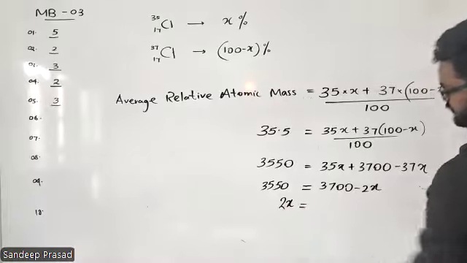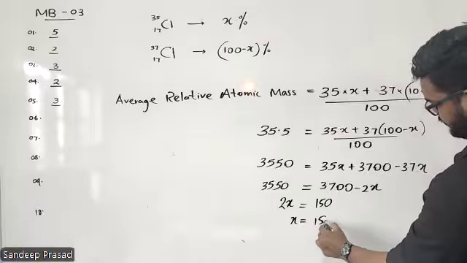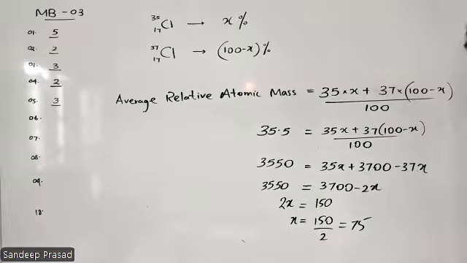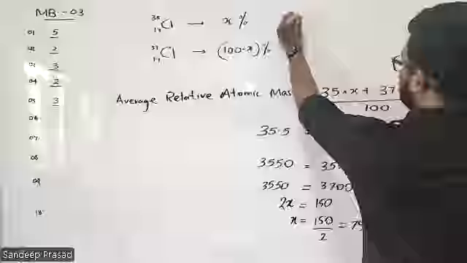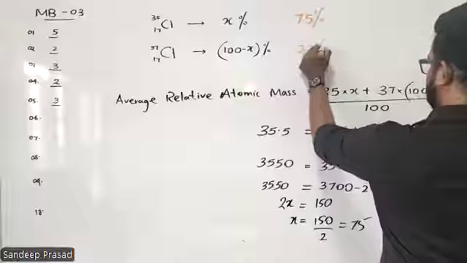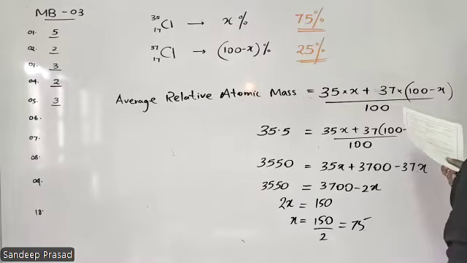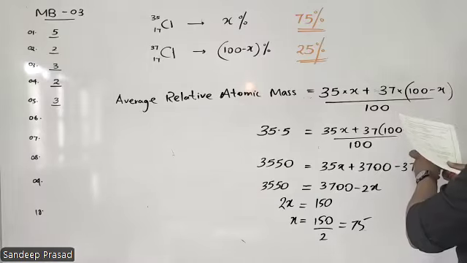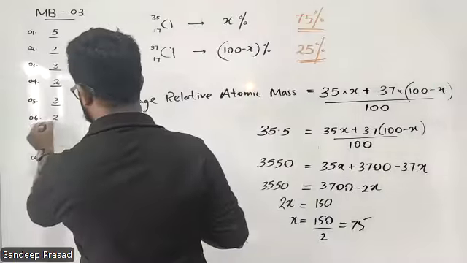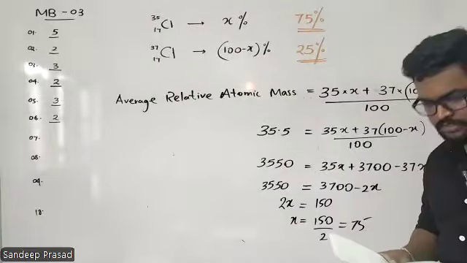Then 2X equals, what is the answer? 150. X equals 150 divided by 2, that means 75. Then we can say that the relative abundance for chlorine 35 is 75%, and this one is 25%. So in the correct order, the answer should be 75% and 25%. Question number 6, the answer should be the second one. Raise your hand those who got the answer as the second one. Good, very good.